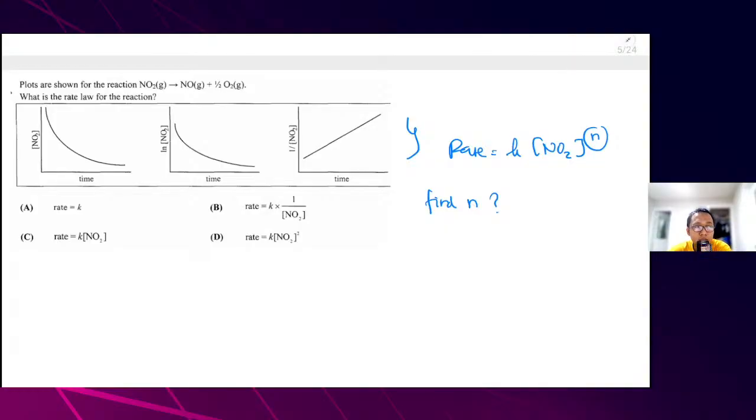Now let's look at the first one. This is time. This shows that the concentration is decreasing, but not in a straight line. That tells us this is not a zero order reaction, because it is not a straight line.